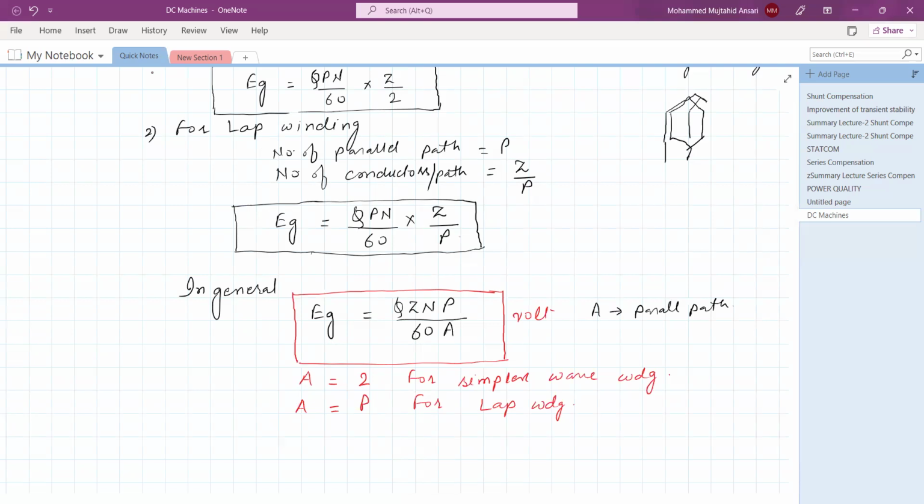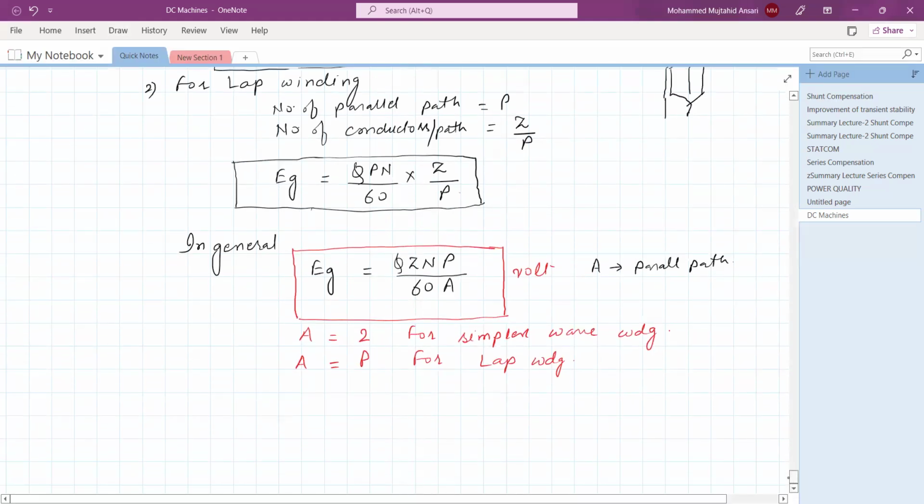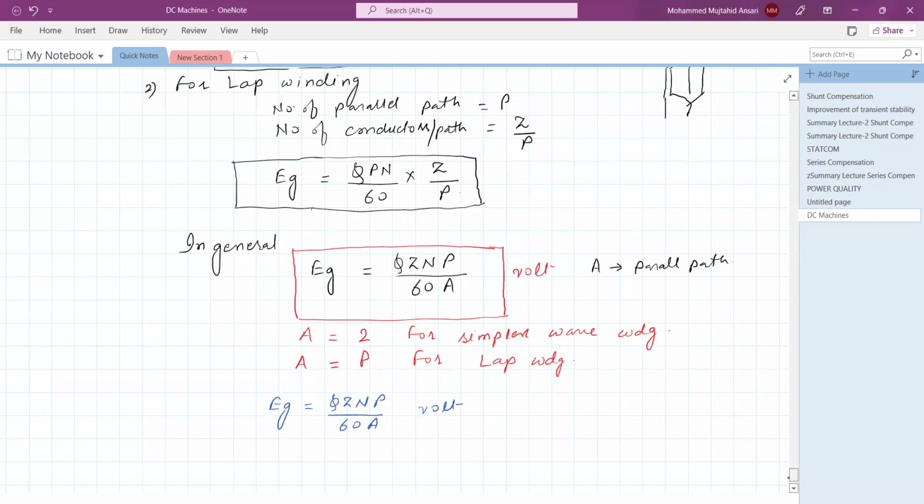Now, if we comment on this EMF equation, we will observe that EG is equal to phi Z N P upon 60A. This much is the voltage. Z is the total number of conductors.